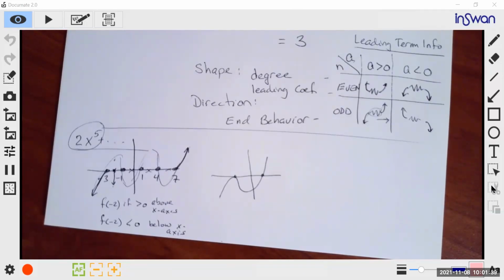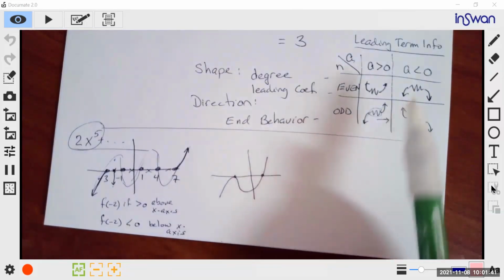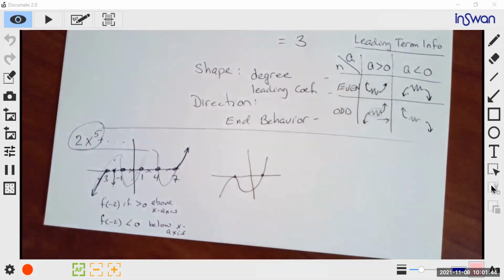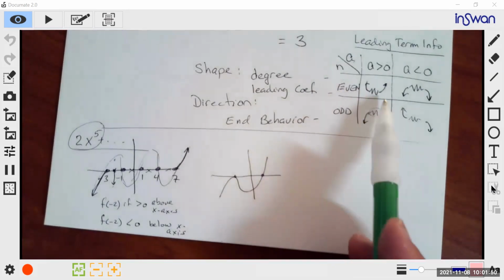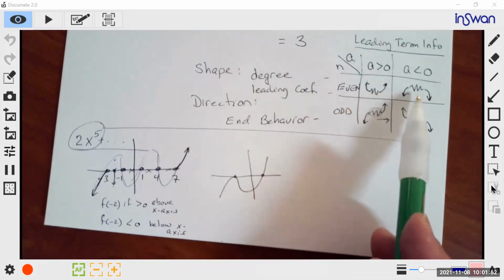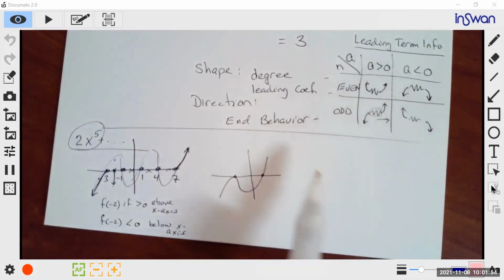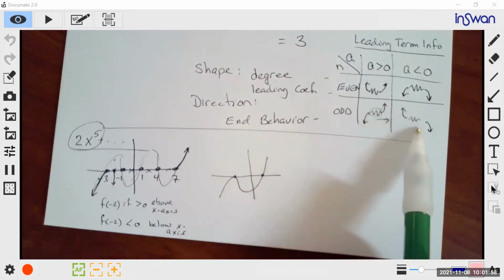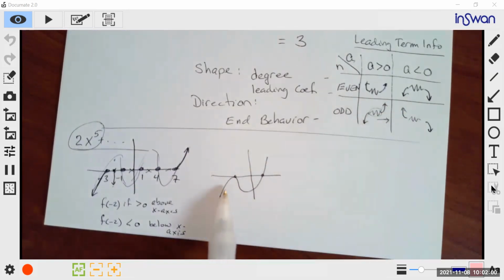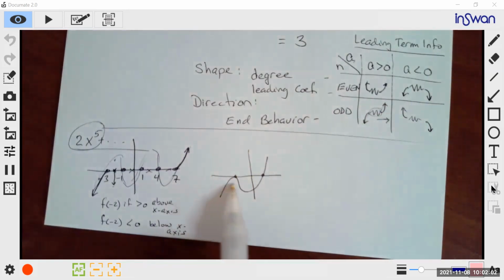You sure? Look at the table. Is 2 odd or even? So if it's even, it has to have this shape. So this one has to be 3 because they have to go opposite directions. And if I just lowered the x, the most it can cross is 3 times. So this one is x cubed.